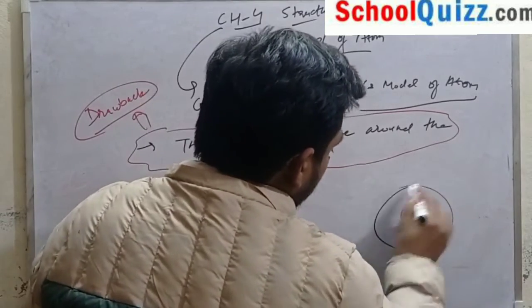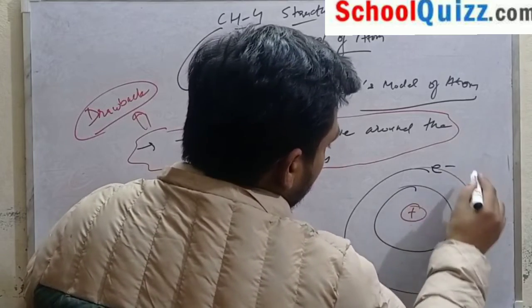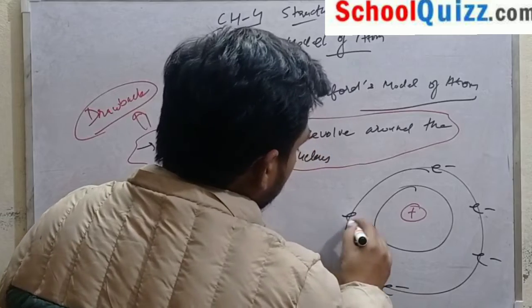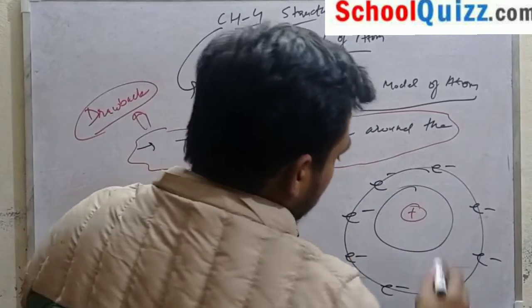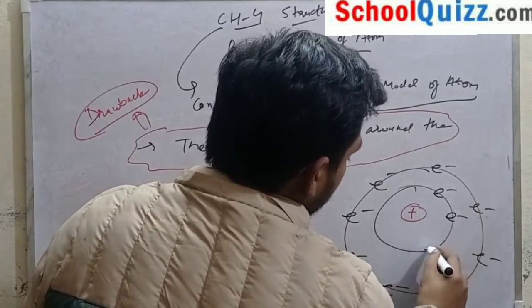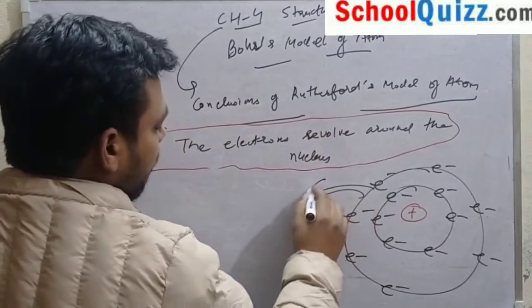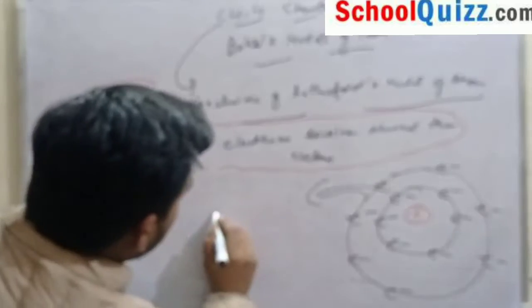Here is the nucleus, and here electrons are present, and electrons will move continuously, which means they are accelerating.